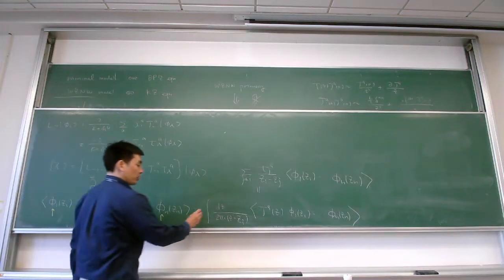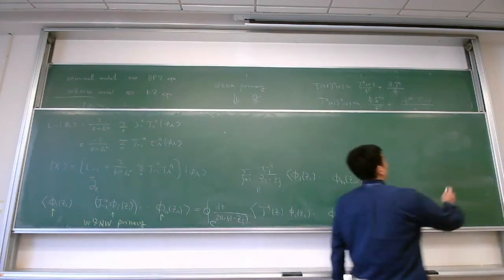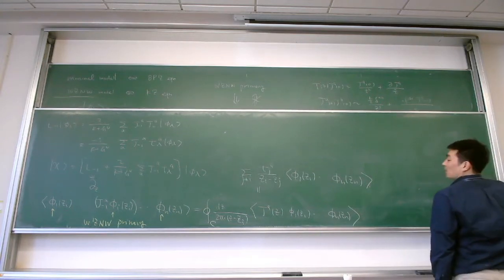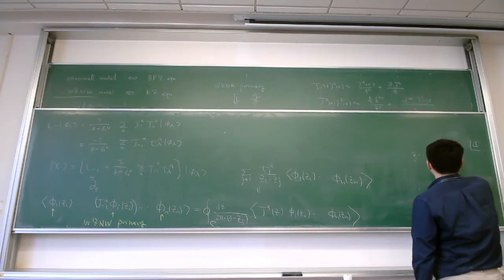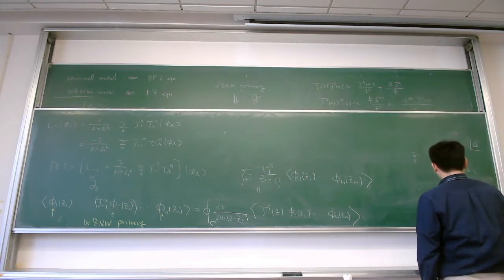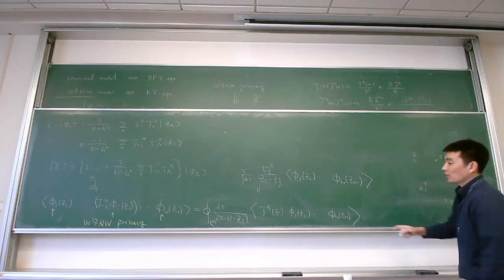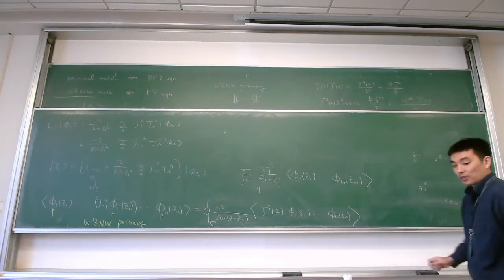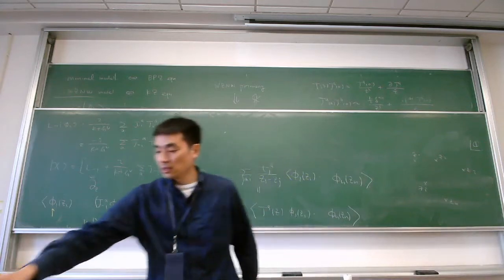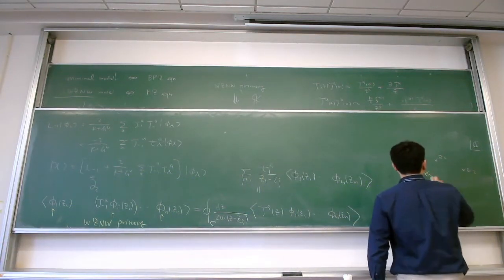Here, the contour integral is only around Zi. So on the complex plane, you have Z1, Z2, Z3, and so on, up to Zn, and you have Zi. Here we assume the contour integral is only around this point, like this way.